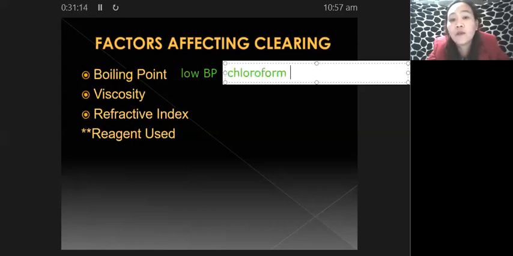In the case of chloroform, even if it has a lower boiling point as compared to your xylene, it is not more readily replaced. It is actually harder to be replaced by the paraffin or by whatever medium you're going to use later on. So ang exception niya dyan ay si chloroform.